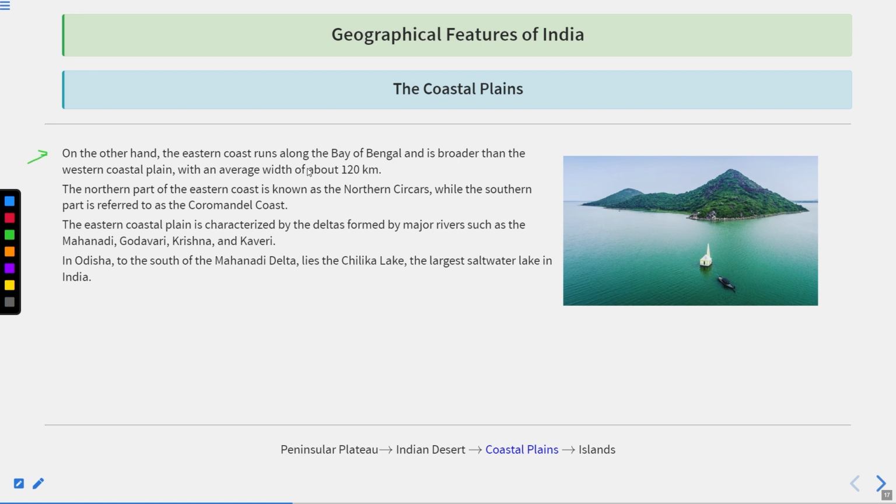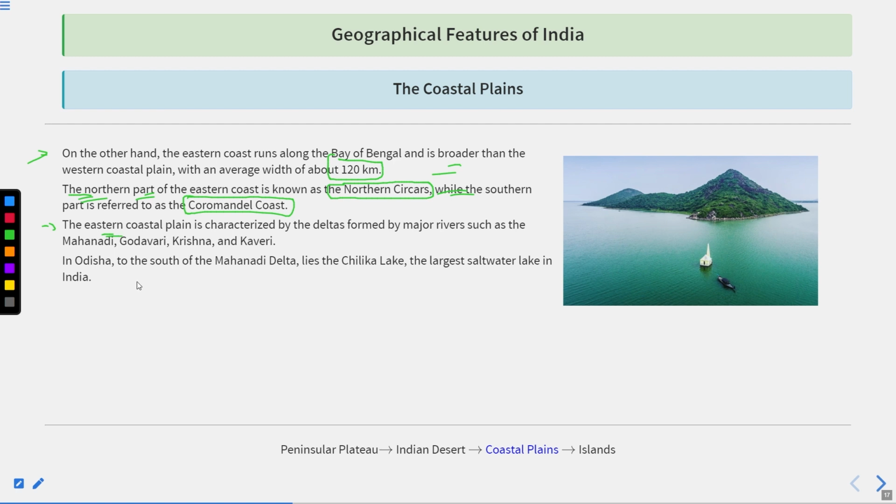On the other hand, the eastern coast runs along the Bay of Bengal and it is broader than the western coastal plain, with an average width of nearly 120 kilometers. The northern part of the eastern coast is also known as Northern Circars, while the southern part is referred to as the Coromandel coast.